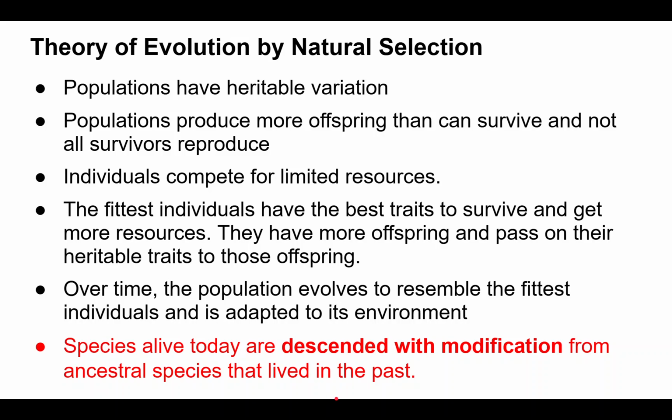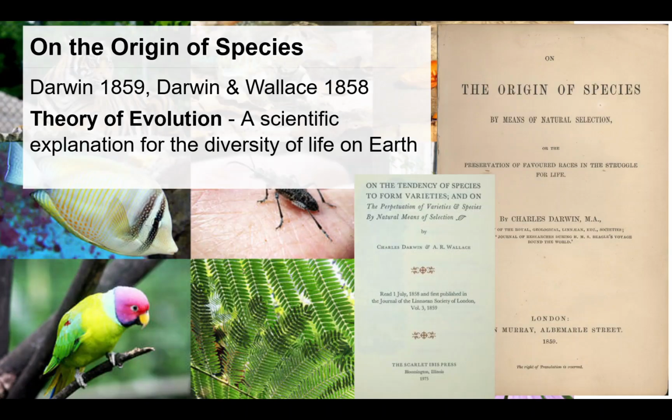So what we see now is there are different populations that have evolved from ancestors in the past, in some cases split from those ancestors to make new species, etc. All right. So we're going to talk about how we get those new species.